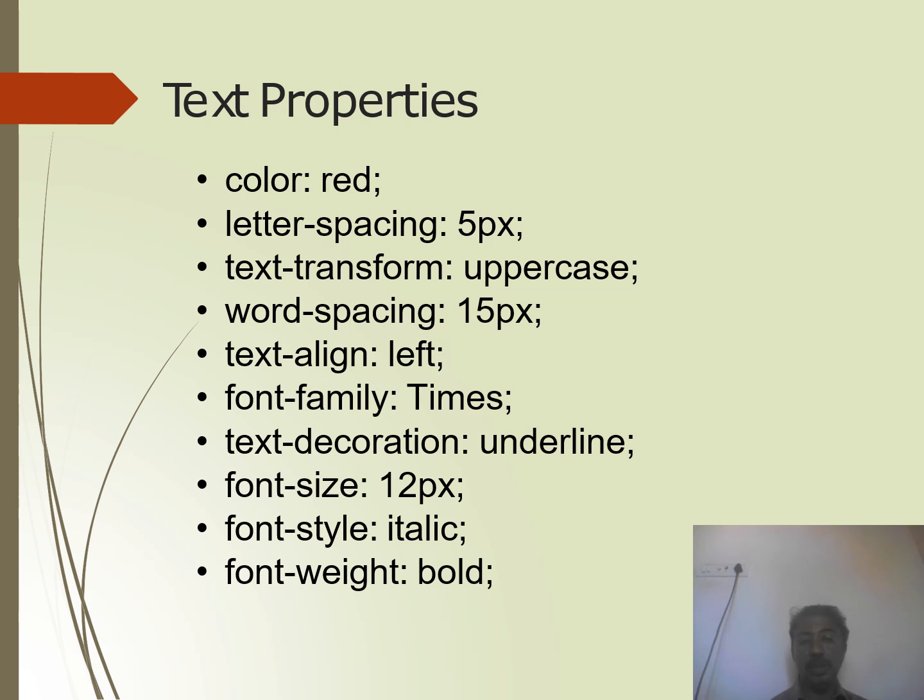This is a simple example we put. Then text align left, then font family Times New Roman or Times, text decoration underline, font size 12px, font style italic, font weight bold. Isn't it? Therefore, these are the text properties used.